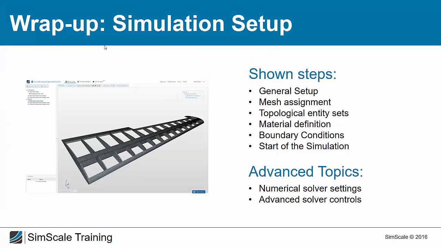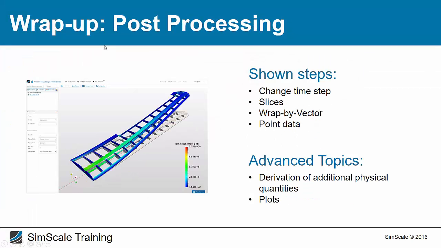Great, then let's do a final wrap-up. I showed you how to change the time step and which importance is set related to the load case, and how to use the wrap by vector filter and inspect our point data object. Advanced topics not covered today are the derivation of additional physical quantities.